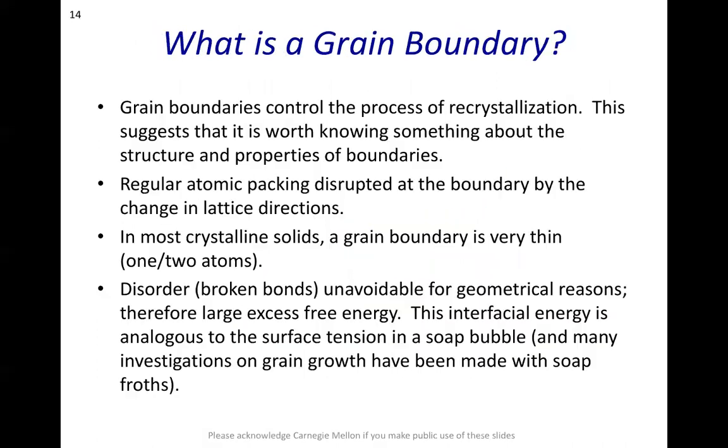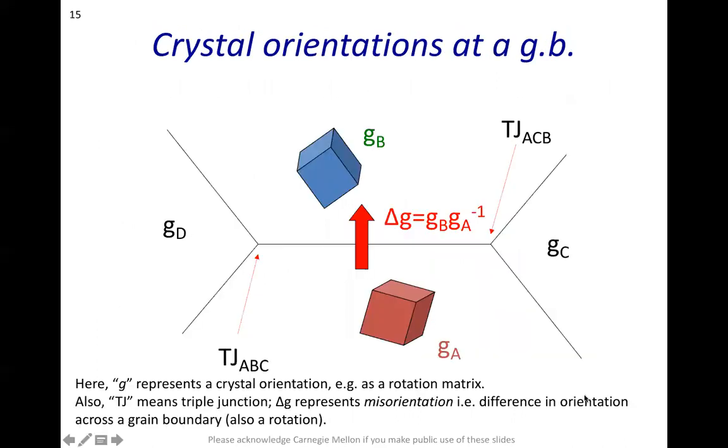Okay? So grain boundaries are a very important aspect of texture, right? If I have two grains, this grain specified by orientation GA, this one by orientation GB, I apply a rotation to GA to get me to GB, I can mathematically define this misorientation as GB GA inverse, right? And this tells me a lot of what I need to know about this grain boundary, right?